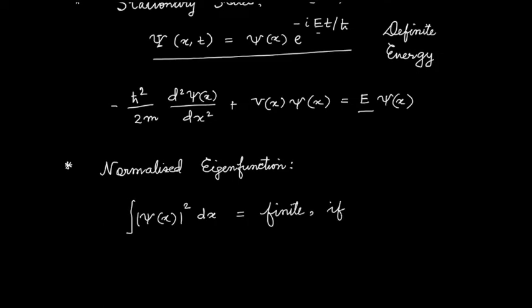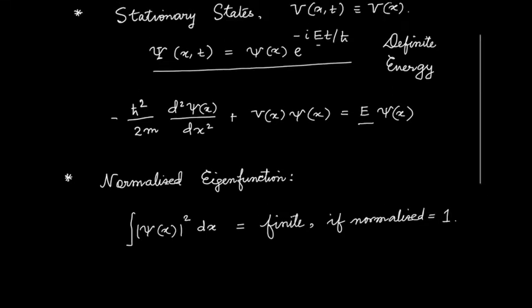If normalized, this is equal to 1. You see, one thing I did is I have not written e to the power i E t by h cross while I am integrating over psi. In general, I should do that. But here I know that if I put capital psi back over here and I do mod square of it, e to the i E t by h cross and e to the minus i E t by h cross will cancel each other. So I don't need to write that down explicitly here.